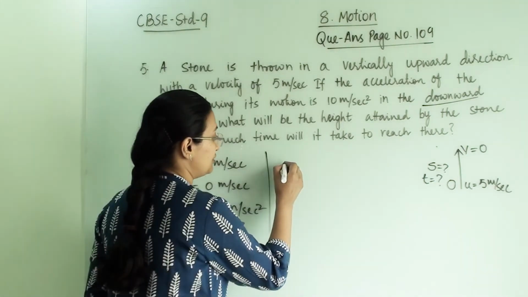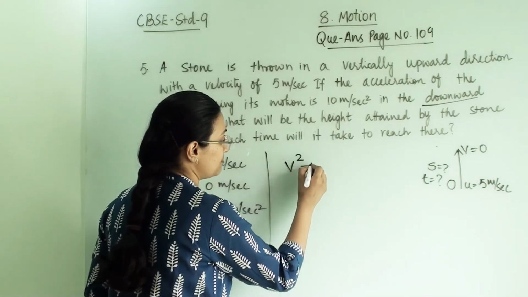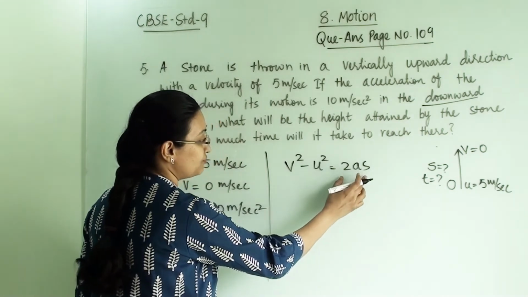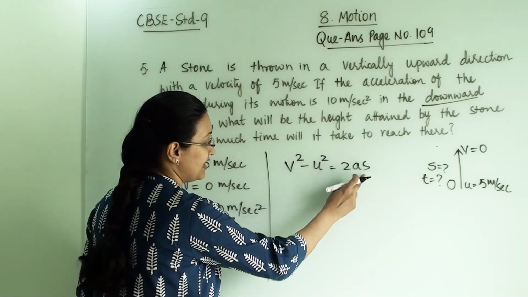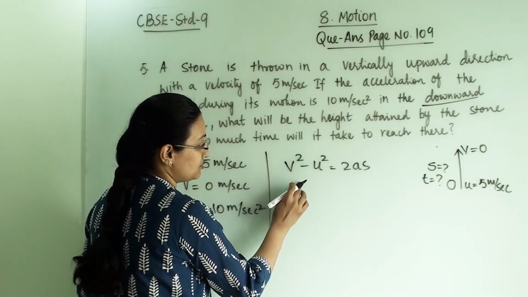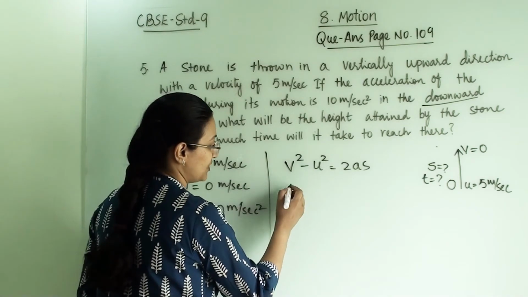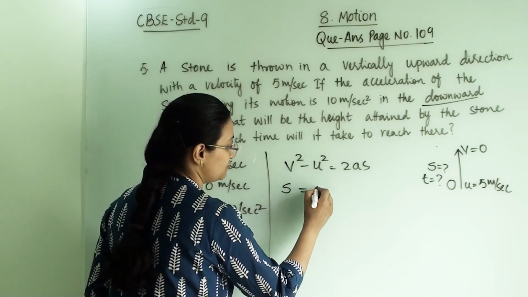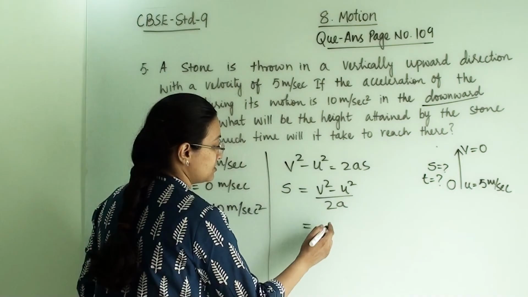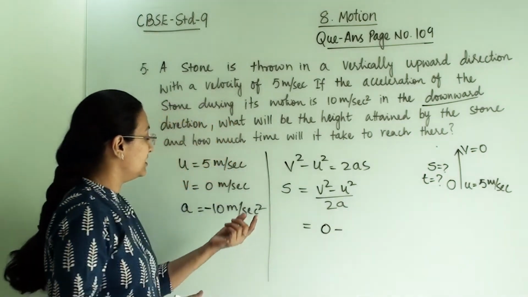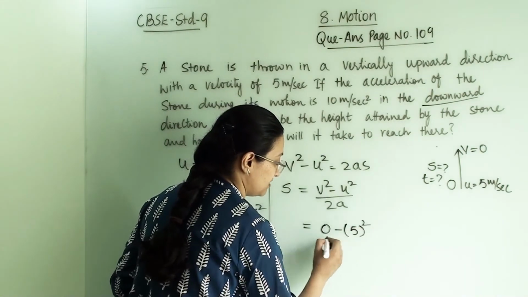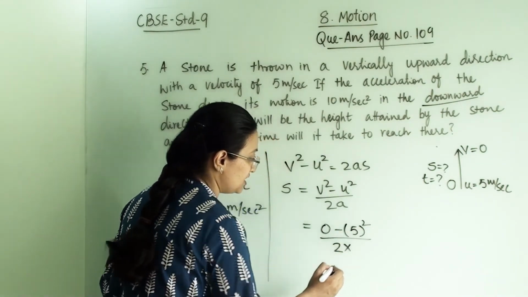For distance we will use the equation v square minus u square equals 2as. Now we have to frame this equation with respect to s, so 2a goes in the denominator: s equals (v square minus u square) divided by 2a. So 0 minus the initial velocity 5 square, in the denominator 2 into acceleration.